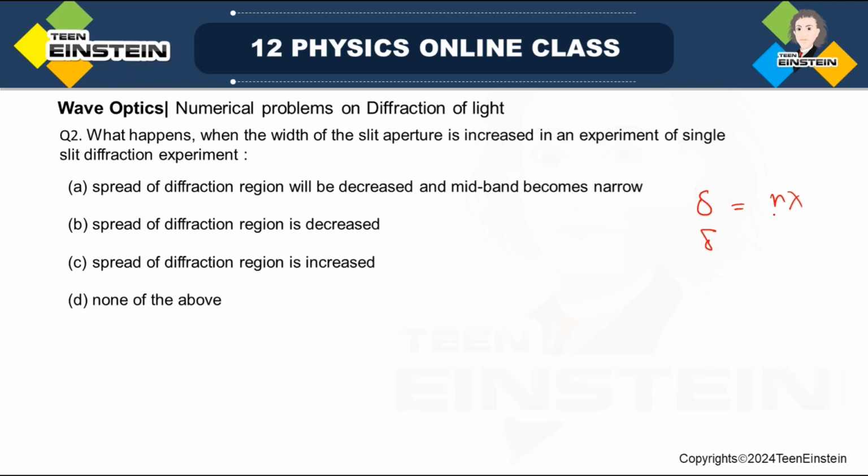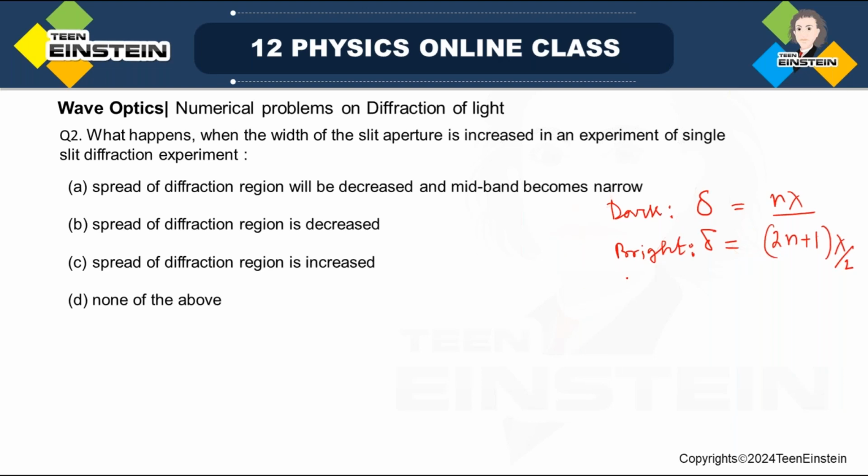For the bright one, it has to be (2n plus 1) lambda by 2. So this is for dark fringes to occur, and this is for bright or secondary maxima.